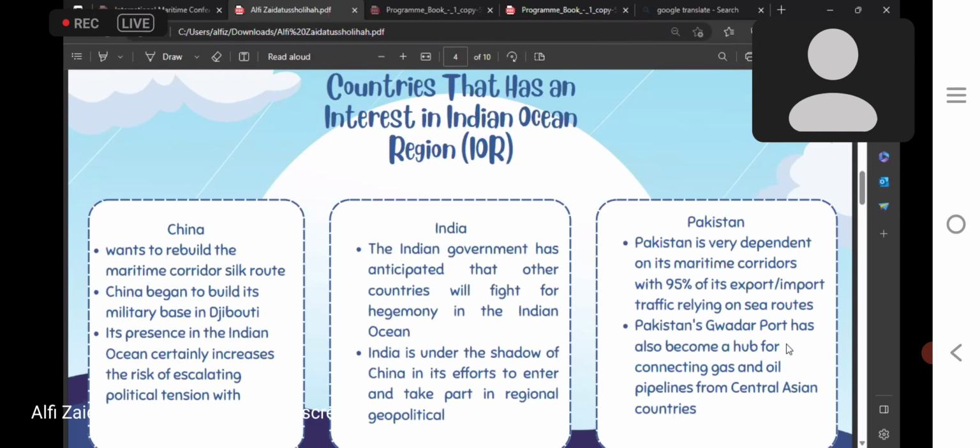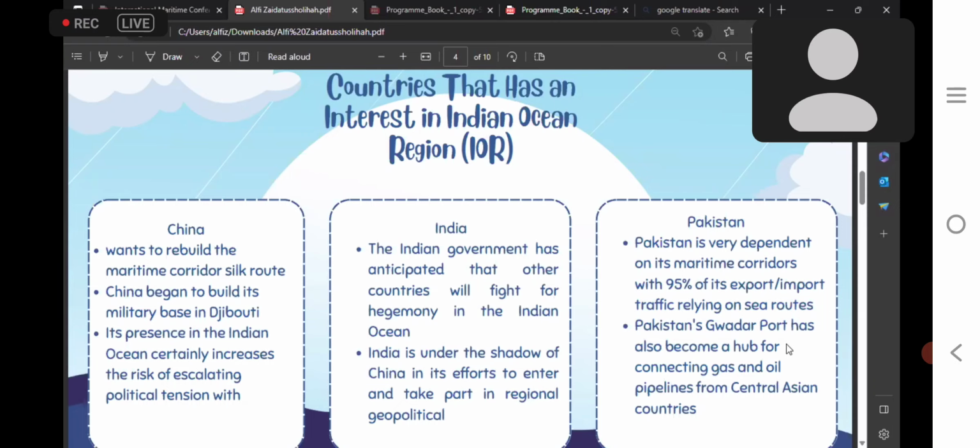Pakistan, which has a 990-kilometer coastline with the Arabian Sea, has no less potential in terms of exploiting maritime corridors for its economic trade. Pakistan is very dependent on these maritime corridors, with 95% of its export and import traffic relying on sea routes.